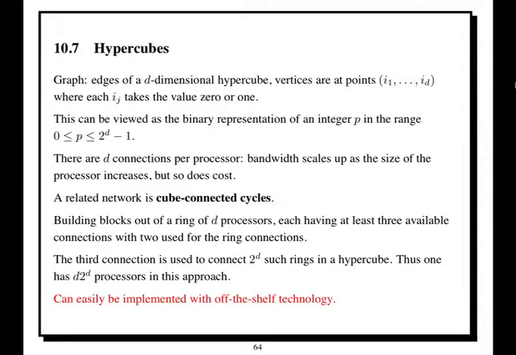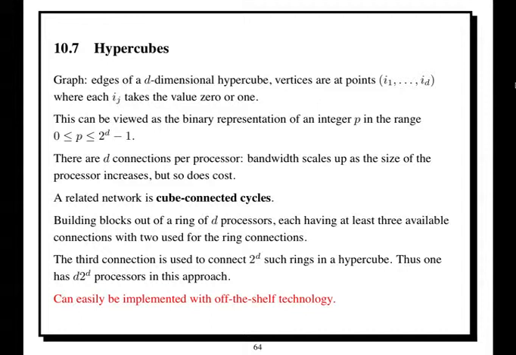This used a hypercube, but used at each node of the hypercube a cycle, in other words, a ring of processors. So if you could support 3 connections, you could build cube-connected cycles. So you could build a hypercube-like topology with just off-the-shelf technology. It's something I've always wanted to do but have not yet implemented.